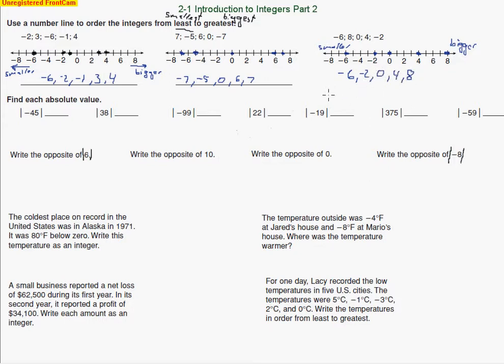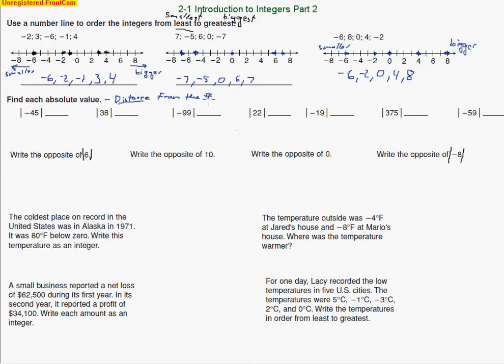Those are the numbers. Well, the next part talks about absolute value. And absolute value is the distance from the number, the number inside the absolute value bars, to 0. The distance means how far.